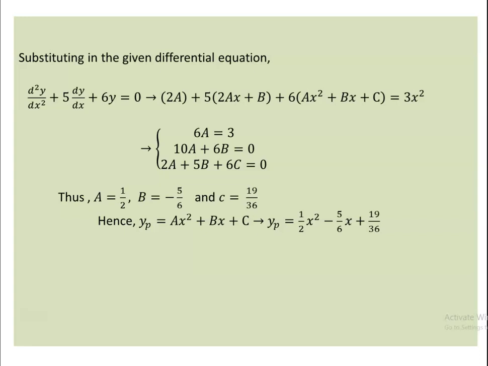So what comes next is combining yh and yp as a general solution. Your yh, as we know, is the homogeneous one, the obtained one.